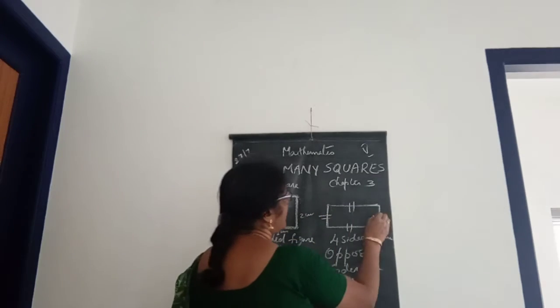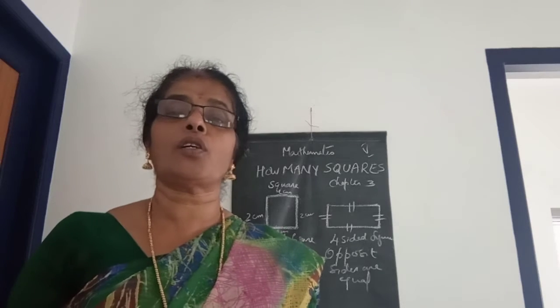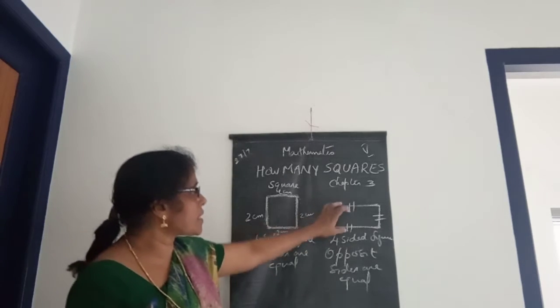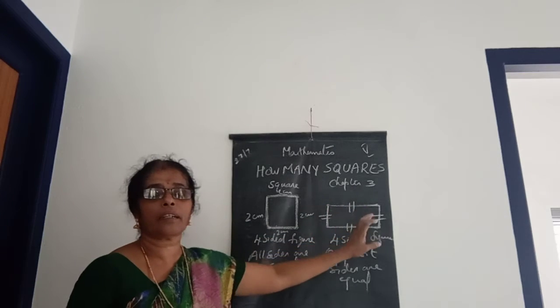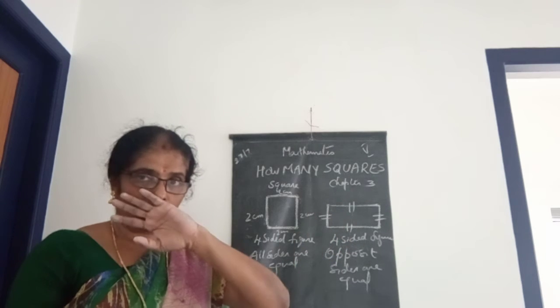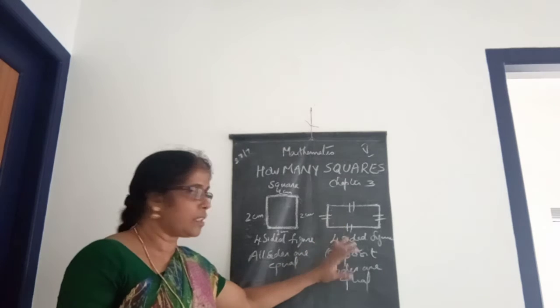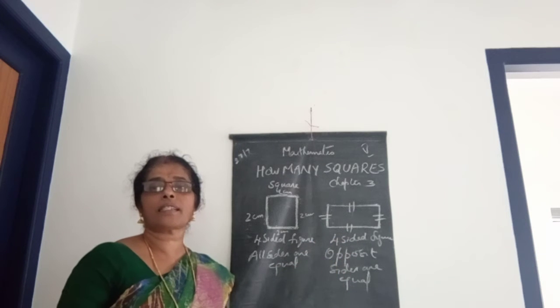Likewise, these two sides are also opposite sides, isn't it? Those opposite sides are also equal. So opposite sides of this four-sided figure are equal. That figure we can call a rectangle. This is a four-sided figure, and in this opposite sides are equal.